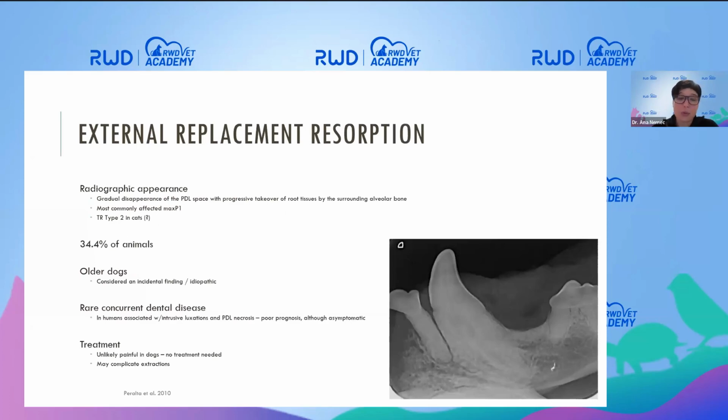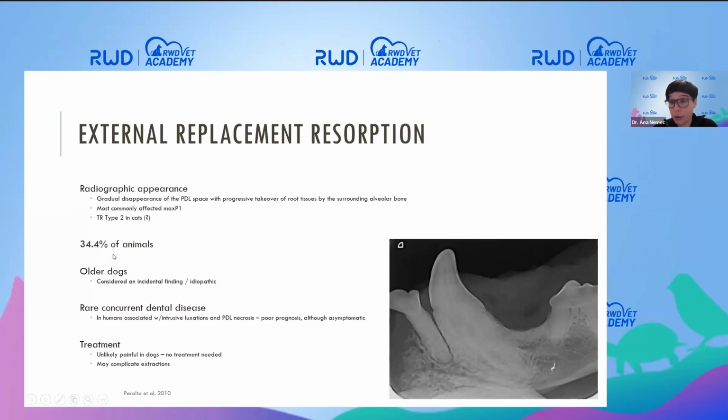External replacement resorption could be, let's say, or maybe even the same entity as type 2 tooth resorption in cats. What we see radiographically is literally replacement of the dental structure with bone, and the periodontal ligament becomes less and less obvious. This is pretty commonly diagnosed in dogs.